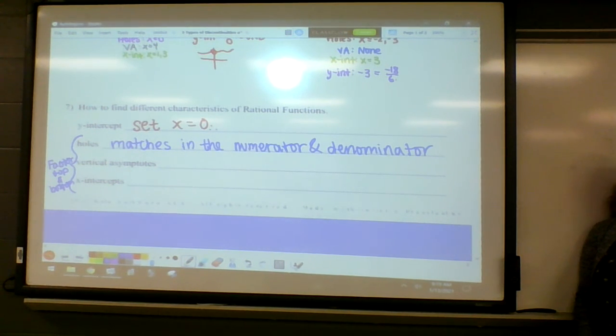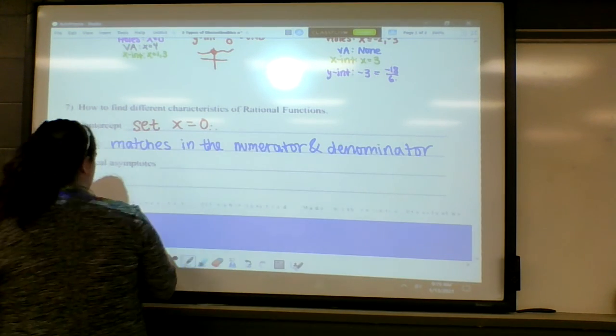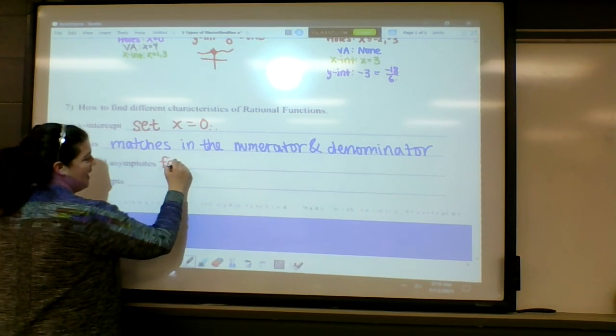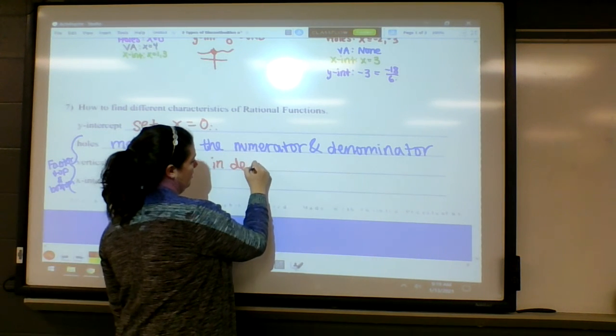Where'd the vertical asymptotes come from? The ones in the denominator that did not have a match, right? So these come from the factors in denominator.